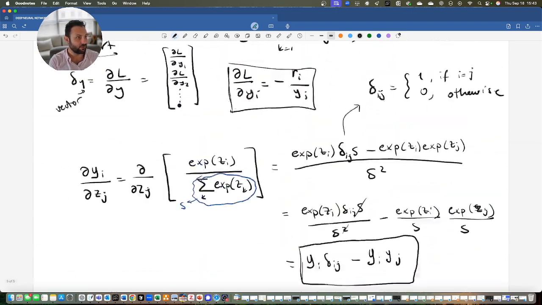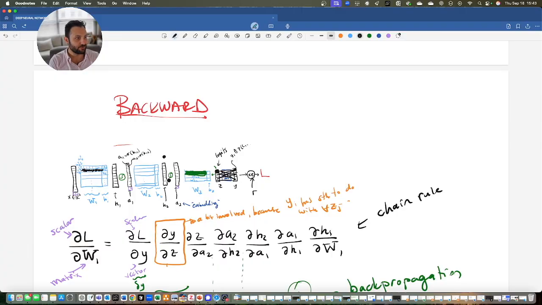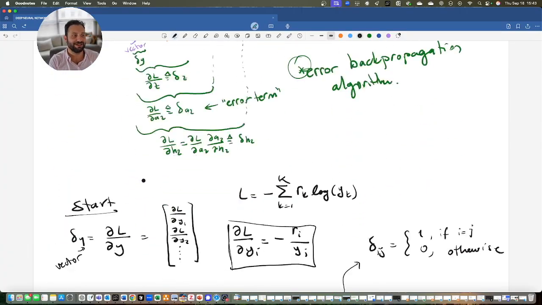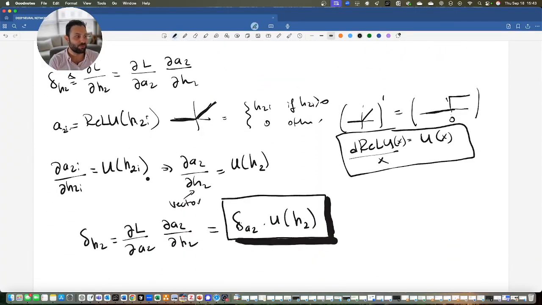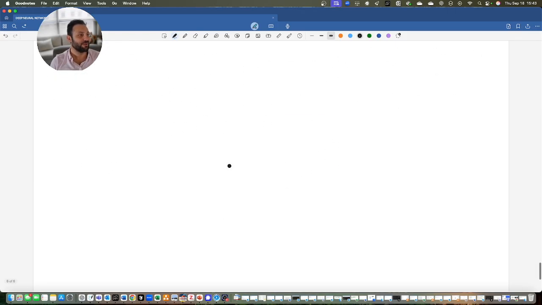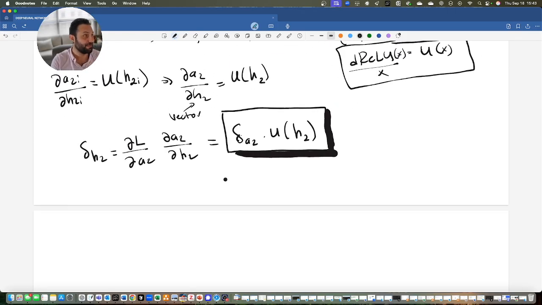So where am I? I came all the way to H2. Now, since I'm here, I'm able to calculate my steps for W2. But guess what? This is the point that we will benefit from what we have learned in the layer upstairs.